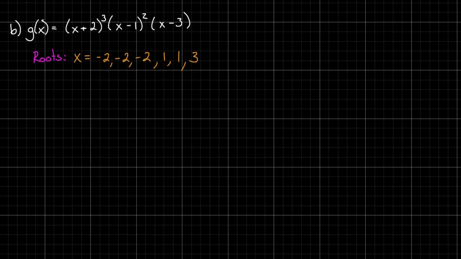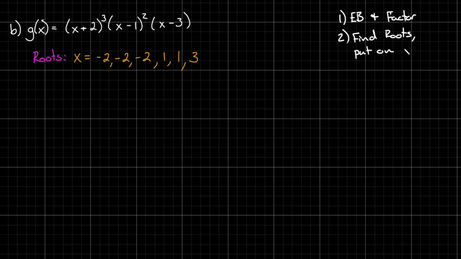Okay. So I'm just going to write the same stuff, but much more concise. Step 1, if you check your notes, it was end behavior and what? Find factor. Okay, so I'm just shorthanding these. Step 2 is find roots, and place roots on a number line. And then what else did we say?